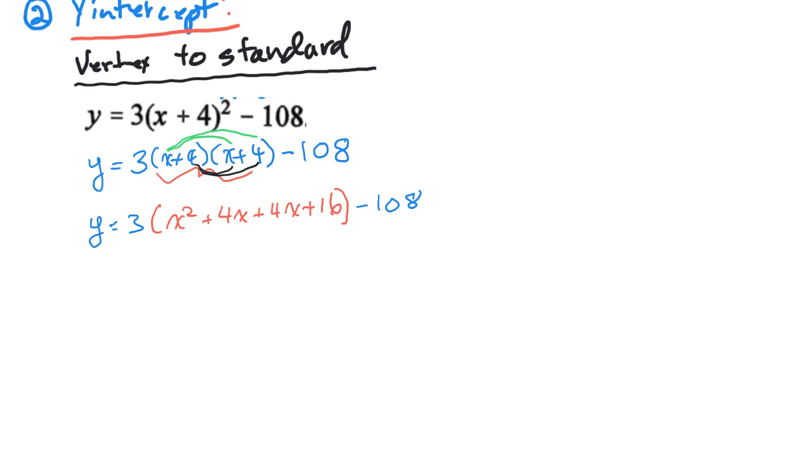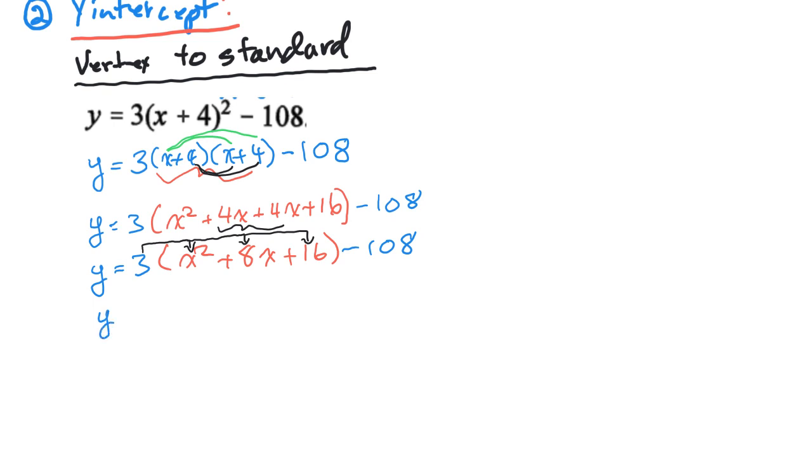Now, we're still not quite finished yet. We still have to fix this bracket. So we've got x squared. We have to bring these two things together and add them to get plus 8x plus 16. And then we have minus 48. Once we've done that, the next stage is to take the 3 and hit it with everything in the bracket, and by doing so we drop our bracket.